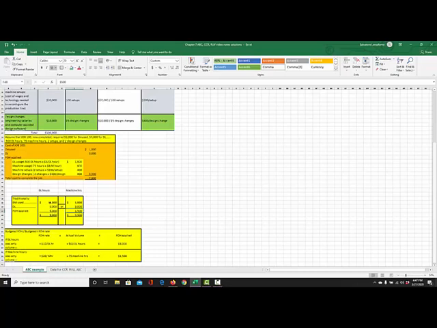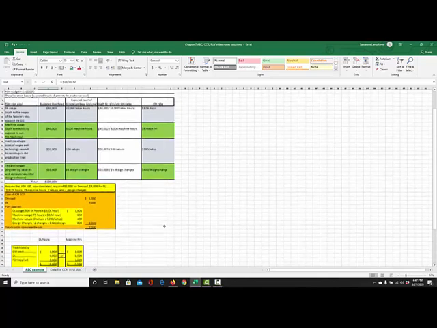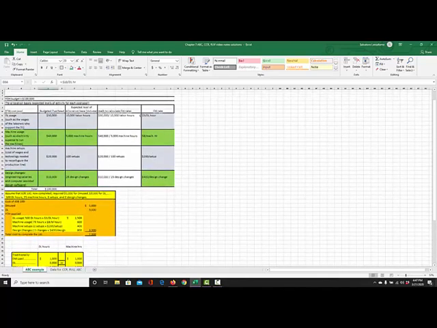So if I want to figure out my overhead based on one level of volume instead of multiple, I went and said, okay, let's use direct labor hours. So notice I have a rate of $10 per hour. That's different than the direct labor usage I got here. So if I was doing it traditionally, I would have taken the 100,000 overall budget.